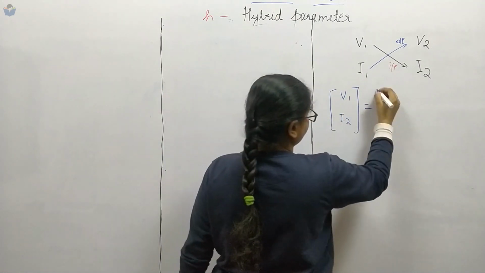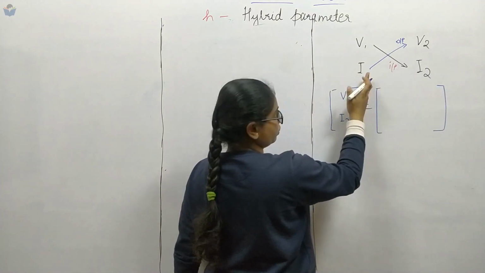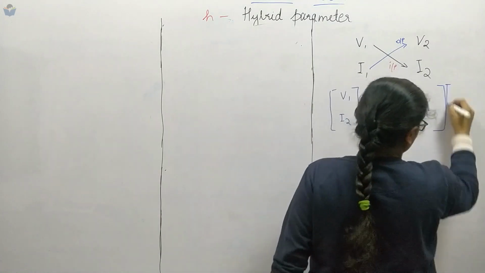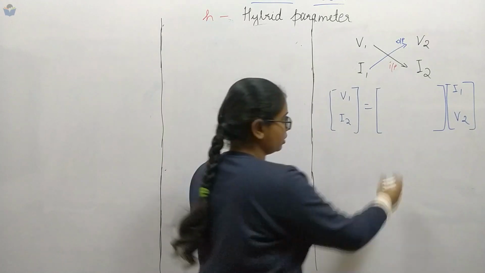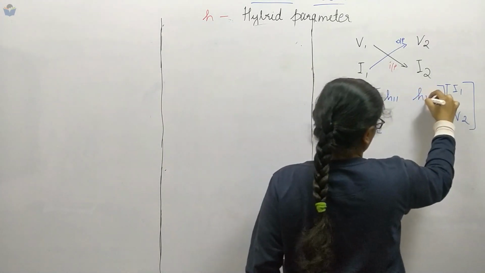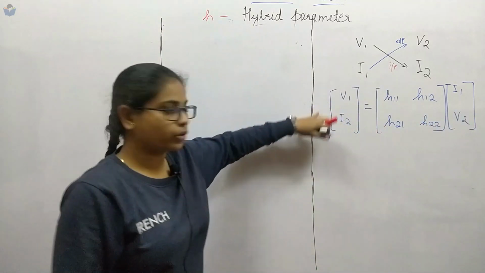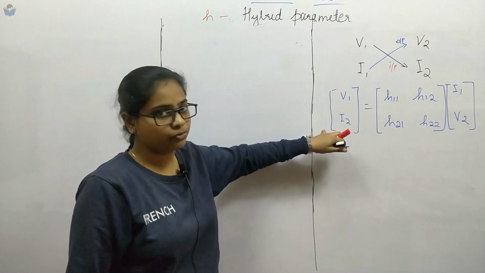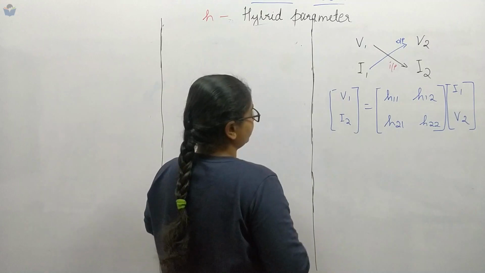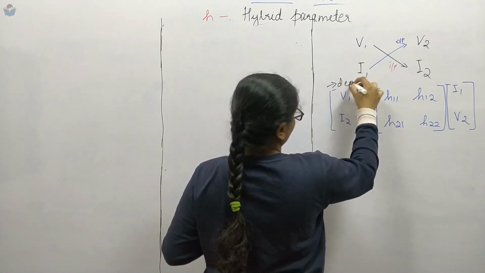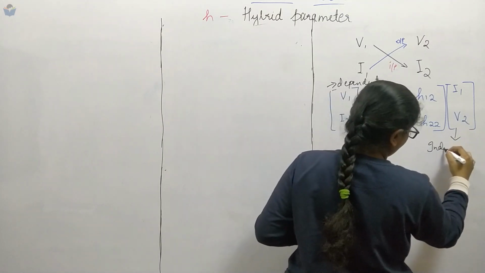Over here, the arrow is moving from I1 to V2, so here it will be I1 and V2. In this one we can fill it as H11, H12, H21 and H22. This is how you can remember the hybrid parameter formulas. Here V1 and I2 are dependent variables, whereas I1 and V2 are independent variables.